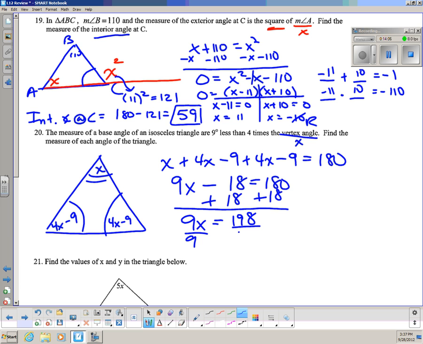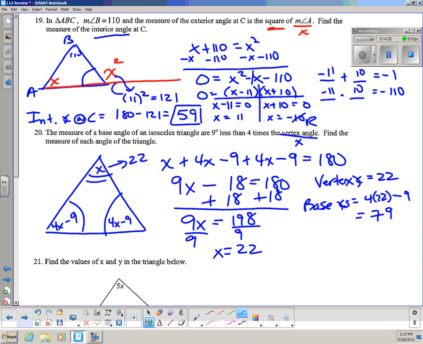Divided by 9, x is 22. So I know the vertex angle is 22. The base angles are each 4 times 22 minus 9, which is 79. So the vertex is 22. The base angles are each 79.